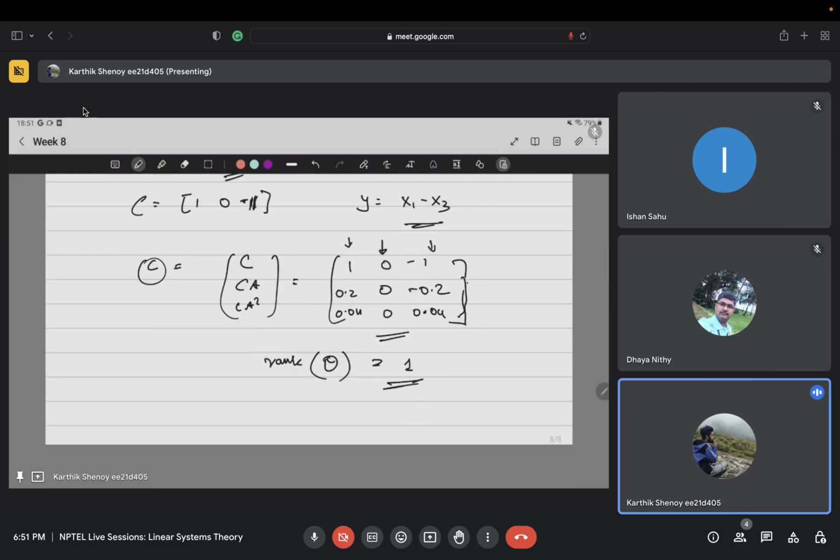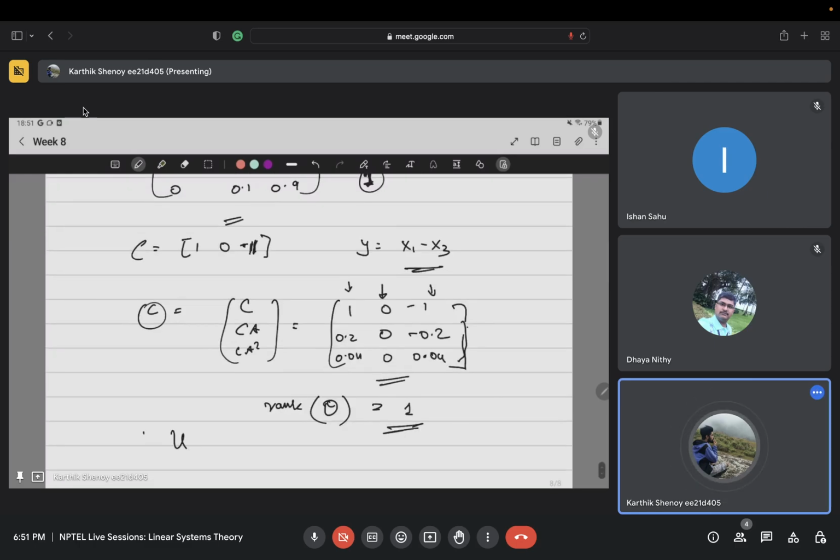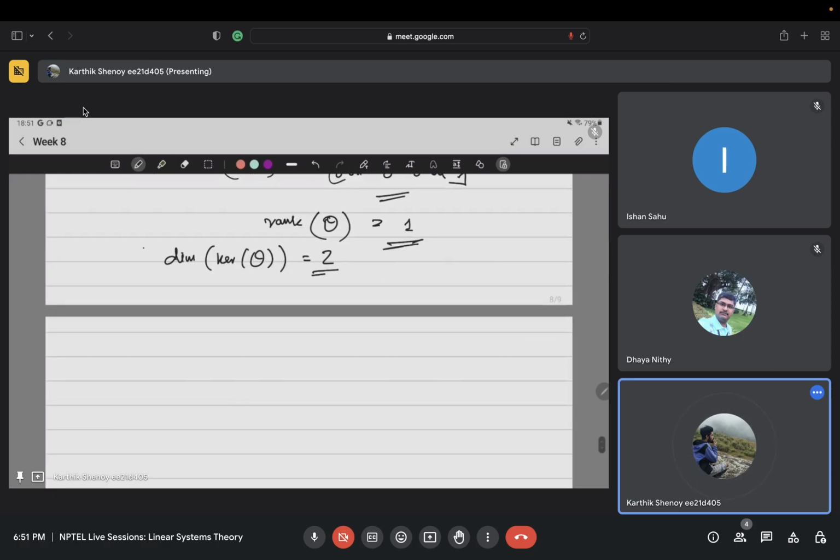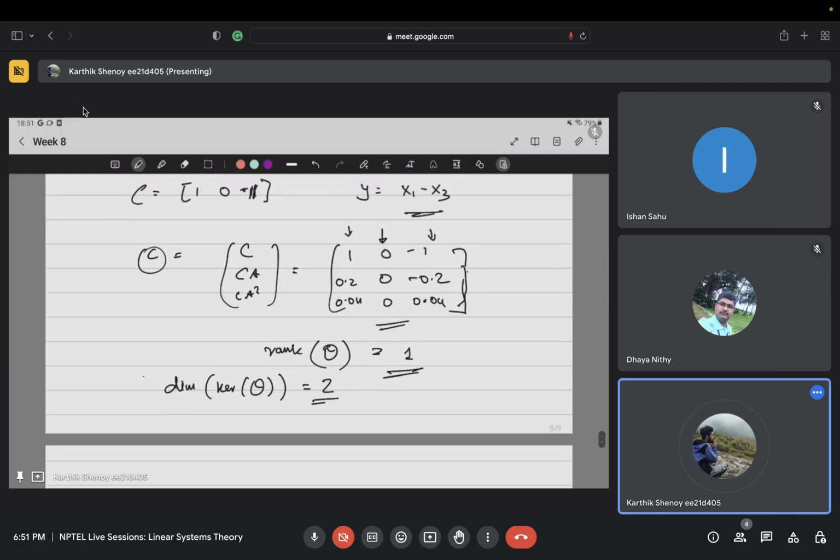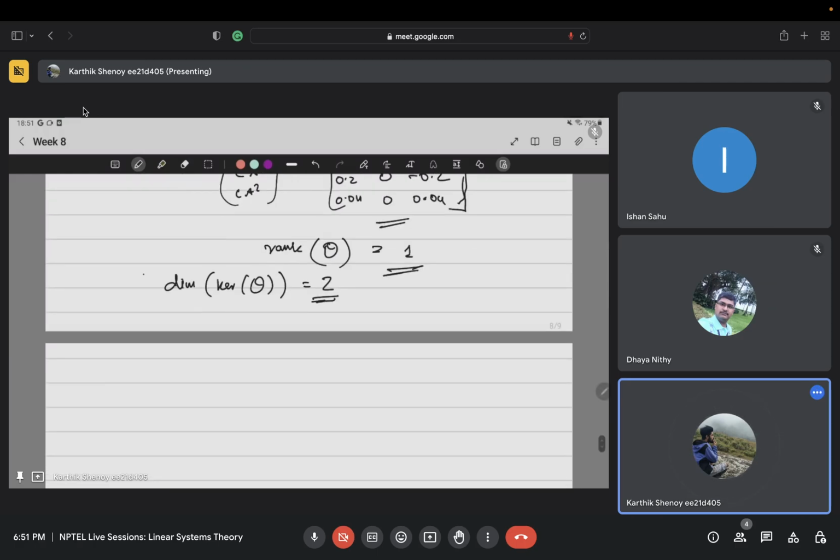Which means the dimension of the kernel of the O matrix is 2. So there are two states which are not observable. Now how do you find the T?